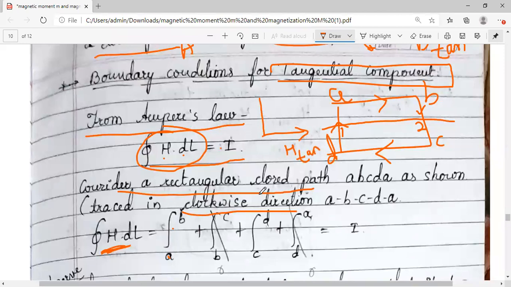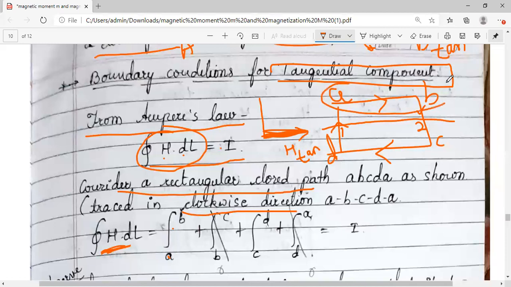Vertical now we will not consider. First, tangential we will see, horizontal. Out of these 4 lines, which 2 lines are parallel to this? We have to check. कौन से lines हैं out of this AB, BC, CD and DA? Which lines are parallel to this tangential component?